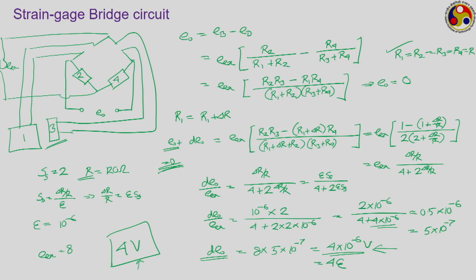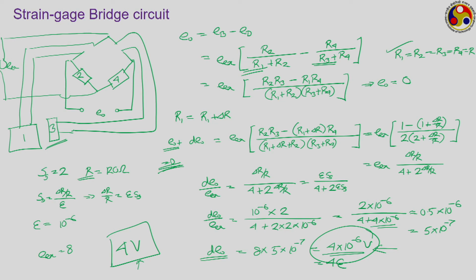Whenever there is a change in the resistance 1 because of the change in temperature, 3 will also suffer an equal change, and that will get reflected equally in this relation, thereby not altering your final output voltage and giving your final output in a temperature independent way.